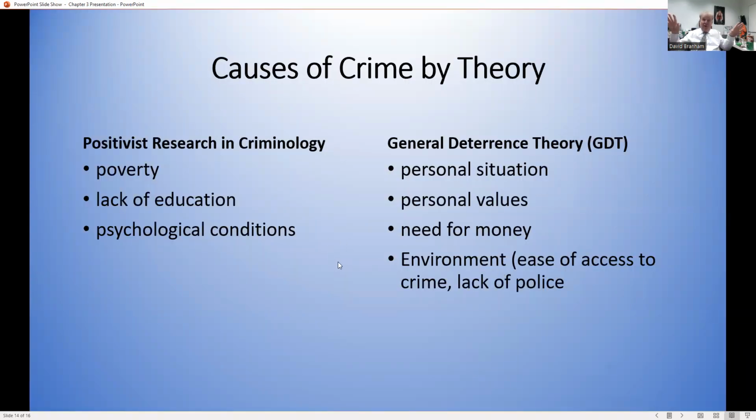If you look at other theories, remember we talked about theories having alternative explanations. This positive research in criminology says that crime is caused by poverty, crime is caused by a lack of education, psychological conditions cause crime. This is the typical social science approach to reducing crime: reduce poverty, give education, and so forth. The GDT theory would say, what causes crime?